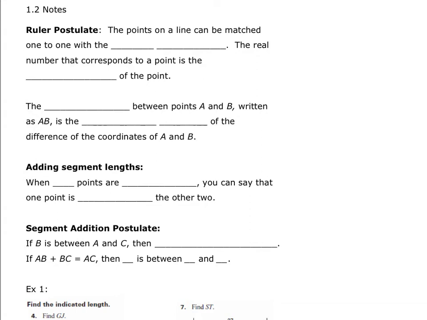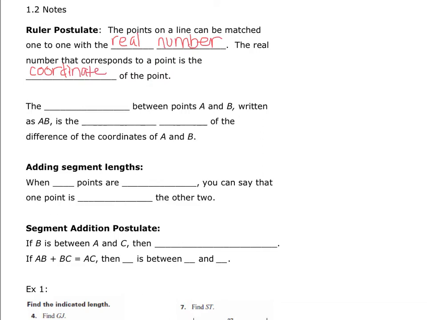So what that means is that the points on a line can be matched 1 to 1 with the real numbers. The real number that corresponds to a point is the coordinate of the point. And this is really simple.